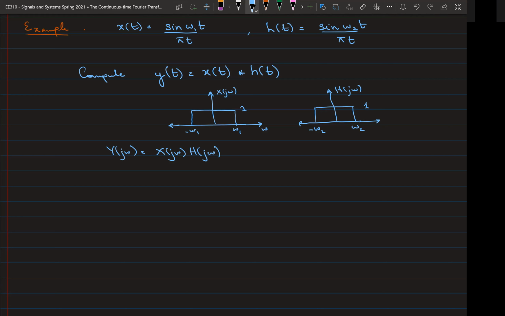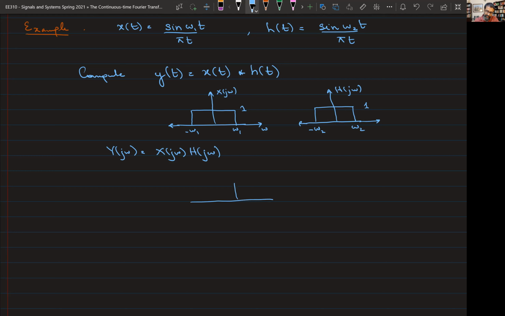For example, Anyal says it depends on omega 1 and omega 2. Yes, it depends on which one is bigger and which one is smaller. So this y of j omega, when I do that multiplication, is going to be equal to a square pulse again.